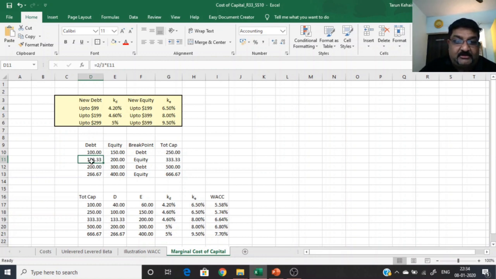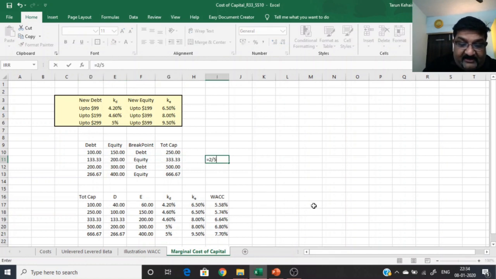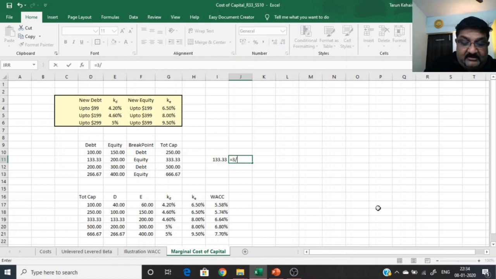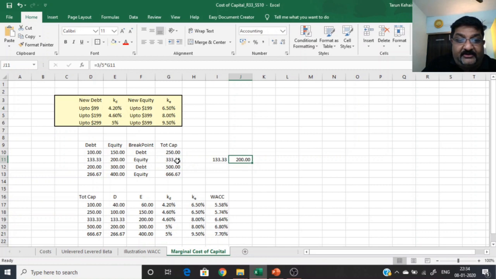So this is your debt. Now here we have a break point of equity, and therefore the total capital is 333.33, where if you look at the 2 by 5 multiplied by 333, you get 133.33, which is debt, and 3 by 5 multiplied by 333.33, you get 200 as equity.